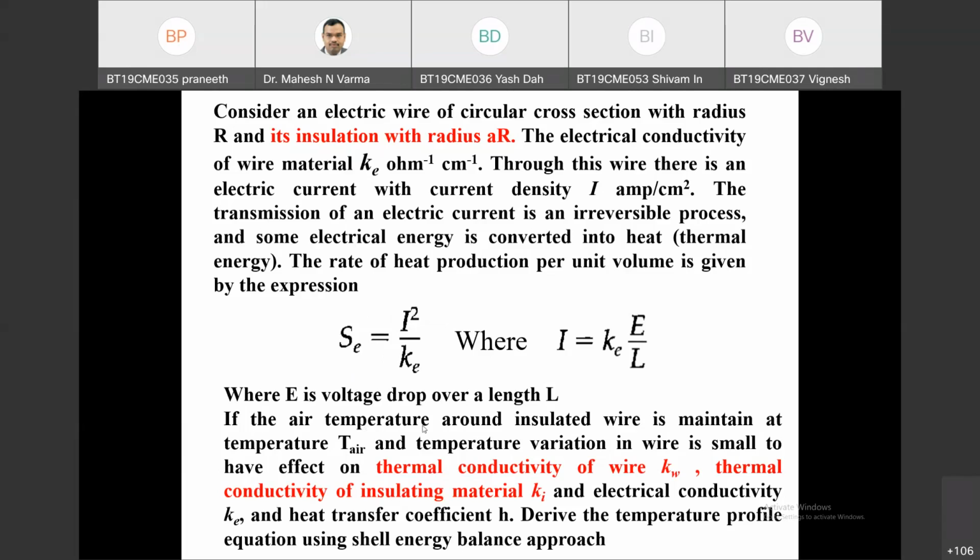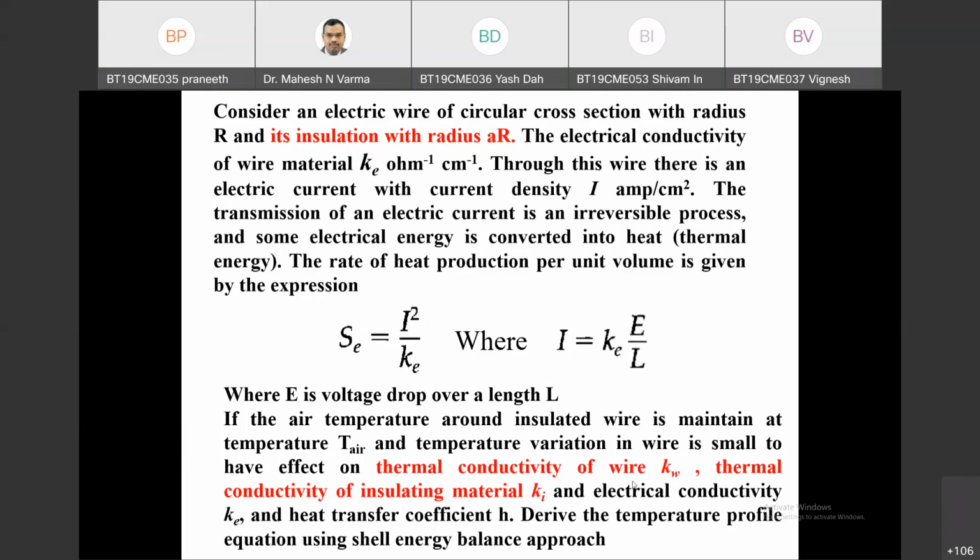Now, air temperature around this insulated wire is maintained at TA, and the temperature variation in the wire is small such that thermal conductivity of the wire, Kw, and of the insulating material, Ki, can be treated as constant.